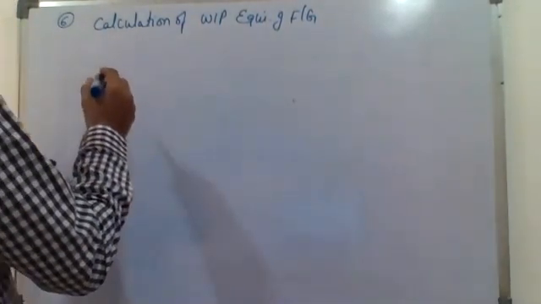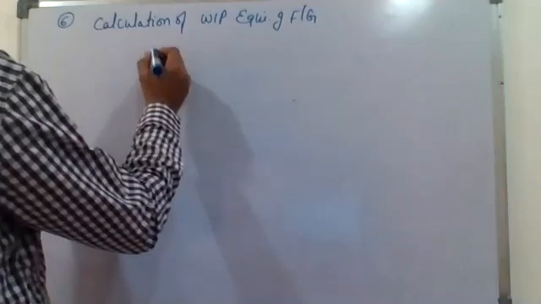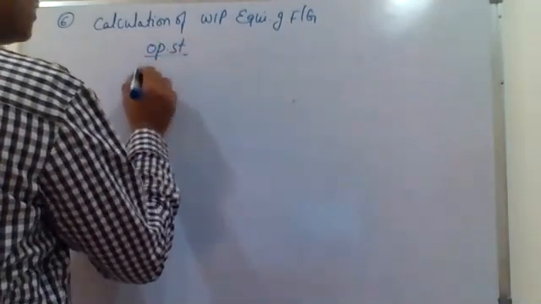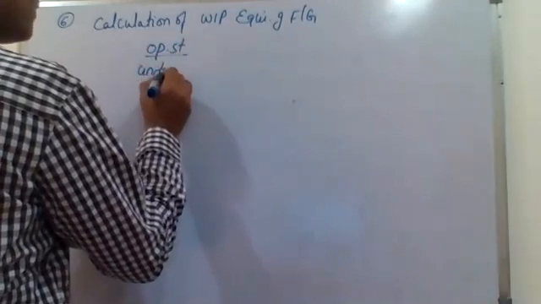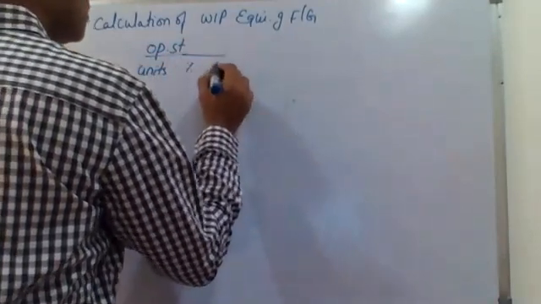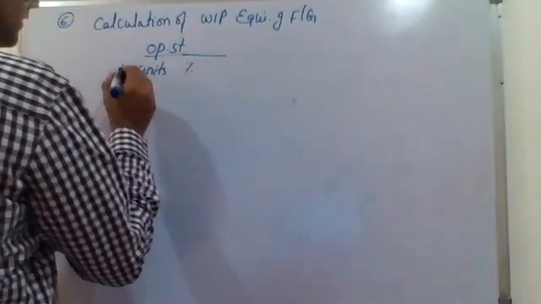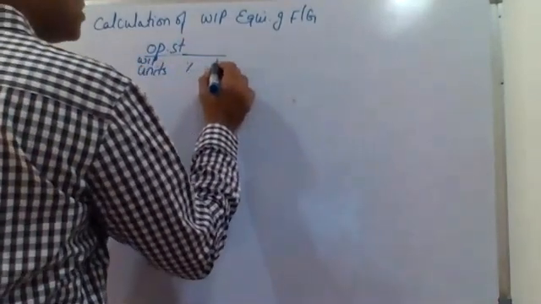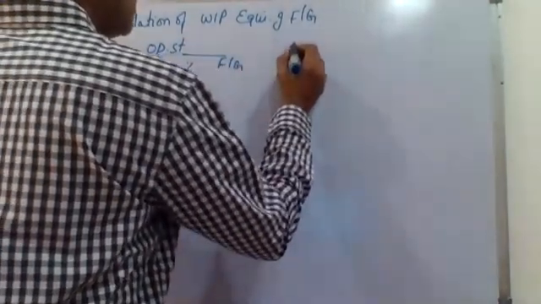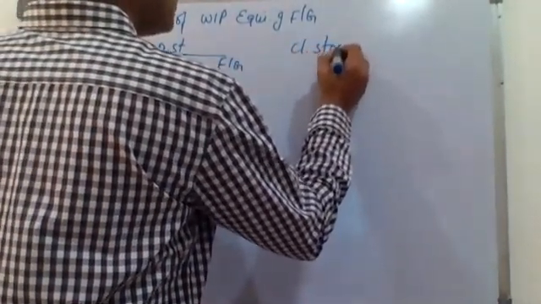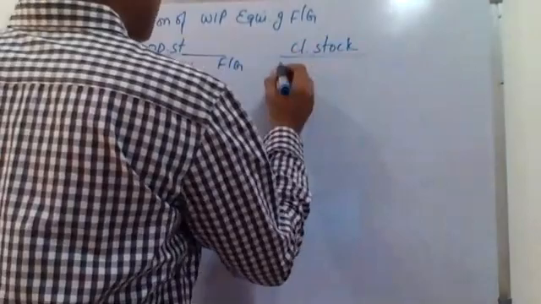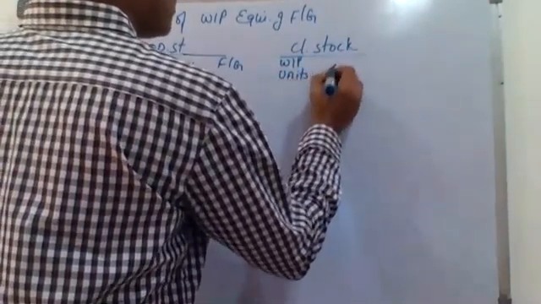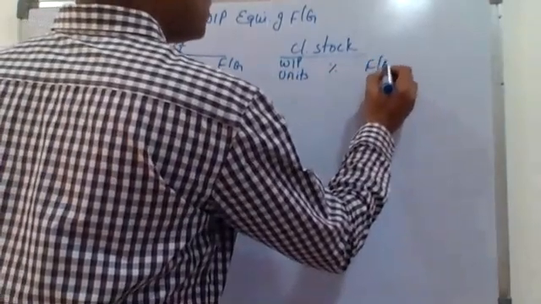For example, you have opening stocks, you have units, you have percentage. So work in progress units, WIP units, multiplied with percentage will give you finished goods. Similarly, closing stock also I will do in the same fashion. I have work in progress units, I have percentage completed, equal to finished goods.